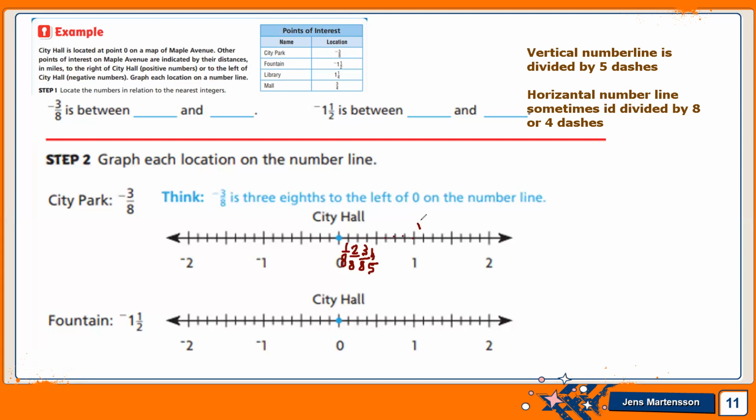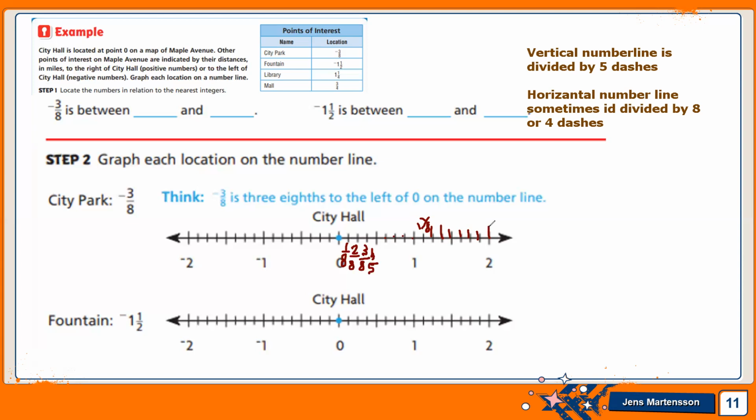Then 1 and 1 over 8, 1 and 2 over 8, 1 and 3 over 8, 1 and 4 over 8, 1 and 5 over 8, 1 and 6 over 8, 1 and 7 over 8, and 1 and 8 over 8, which is the same as 2.